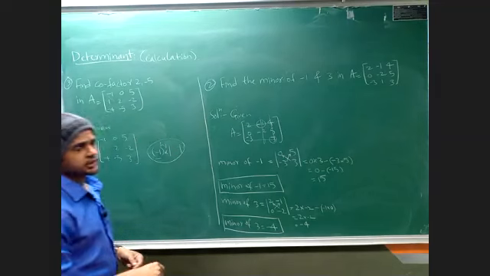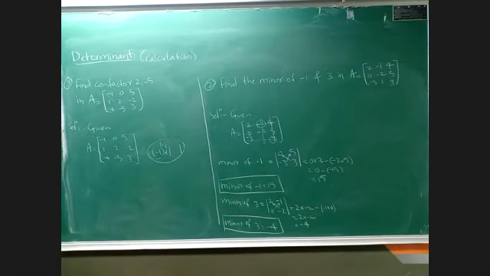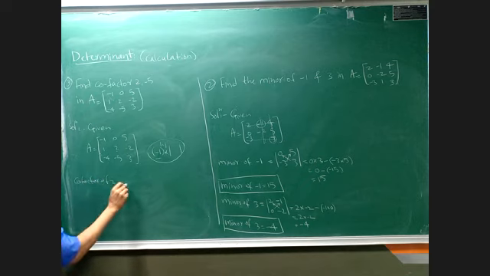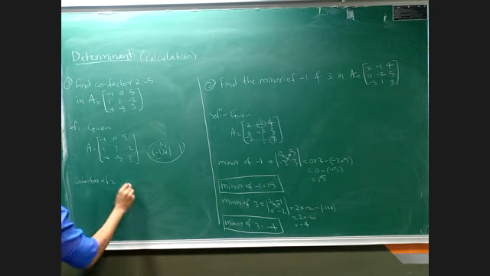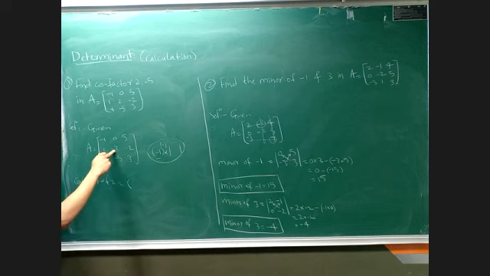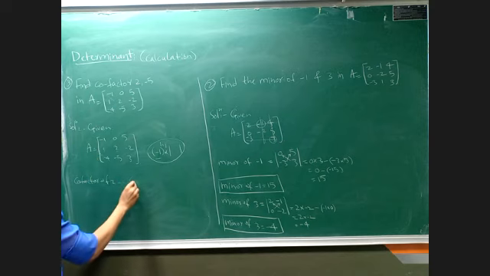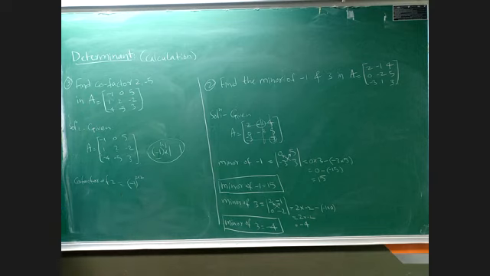This is nothing but the cofactor. So the cofactor of 2, and 2 is here. The respective row is 2 and the respective column is 2. So here (-1) with the power 2 plus 2.